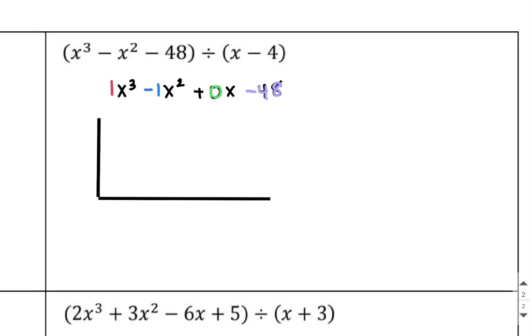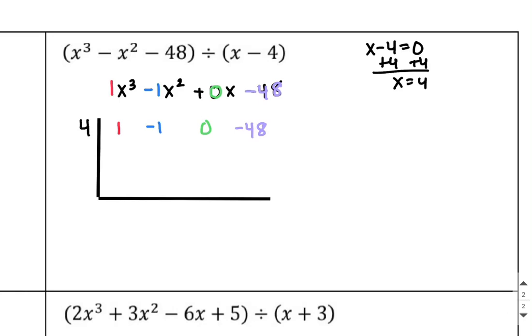So I have 1, -1, 0, and -48. And then the number that's going to go on the outside is whatever makes this 0. So whatever makes x minus 4 equal 0: x minus 4 is equal to 0, solve for x, I know x is 4. That's what I'm going to put here.